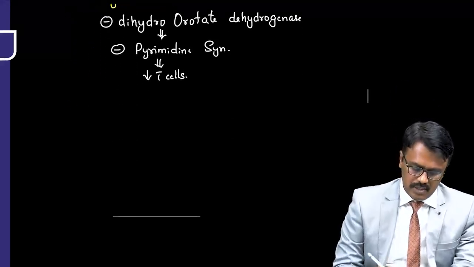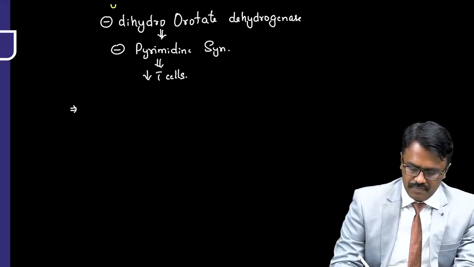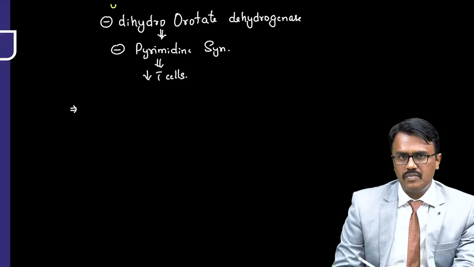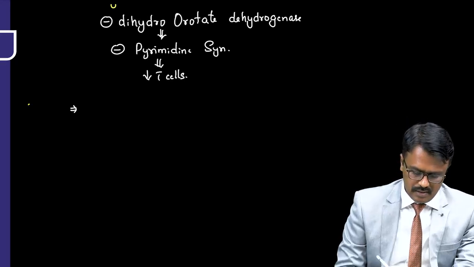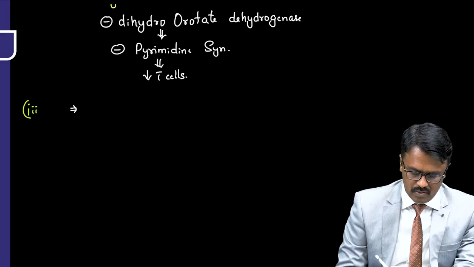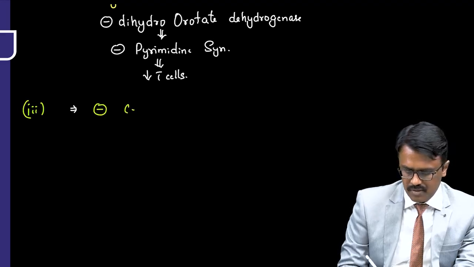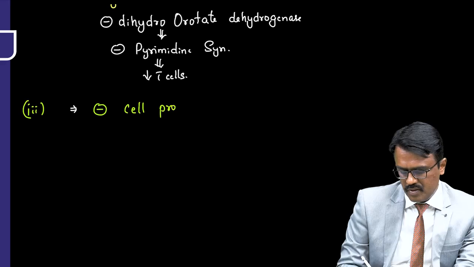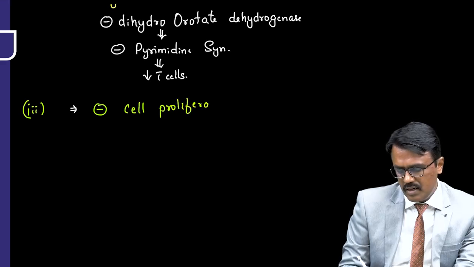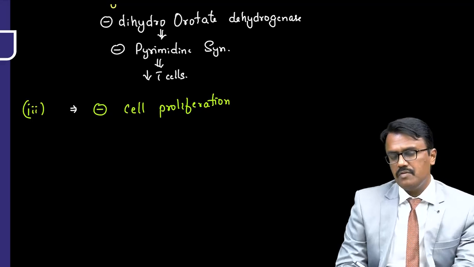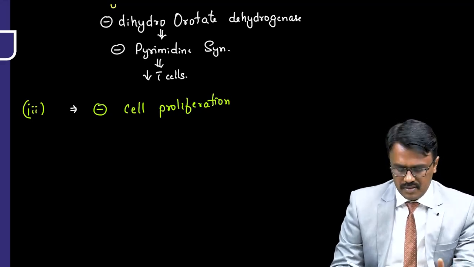Now, what are other drugs which can stop the cell proliferation? That is the third important target to stop the cell proliferation. What we discussed earlier stopped the cell proliferation by inhibiting purine and pyrimidine synthesis.